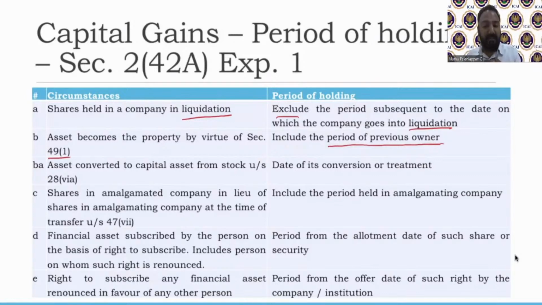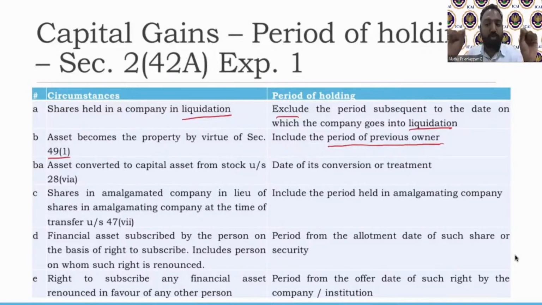So in case my father is the one who's giving me the property, if my father has purchased that property in 1990, the relevant date for calculation of short term or long term is 1990, not the date it actually came to me. Please understand. So that's the one thing. This line is very important because if you understand this logic, you're going to understand the rest of the clauses.